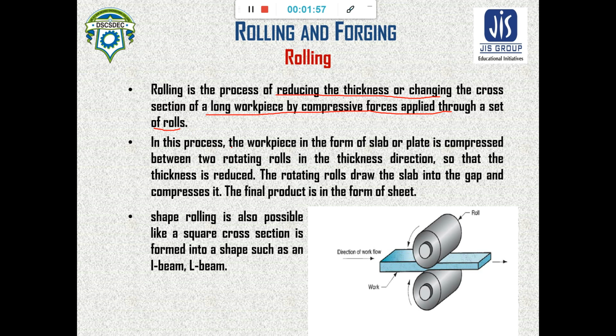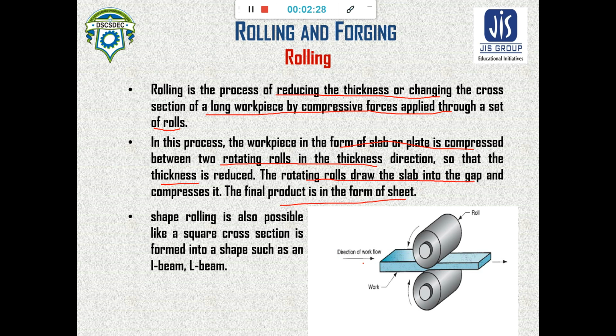In this process, the workpiece in the form of slab or plate is compressed between two or more rotating rolls in the thickness direction, so that the thickness is reduced. The rotating rolls draw the slab into the gap and compress it, and the final product is in the form of sheet.